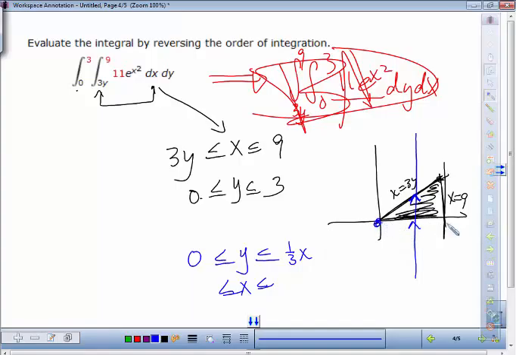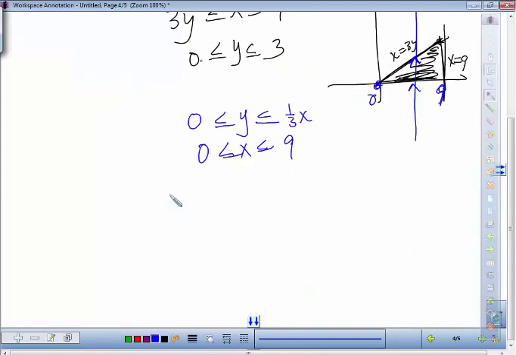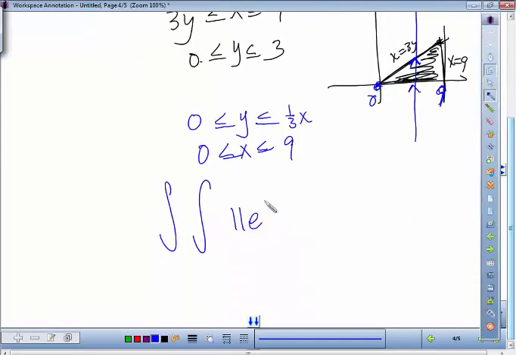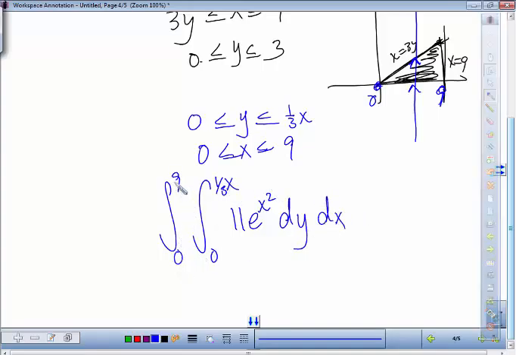Constant limits going from 0 to 9. And now you might have a fighting chance in doing this integral. With respect to y first, from 0 to 1/3 x, and then with respect to x, from 0 to 9.